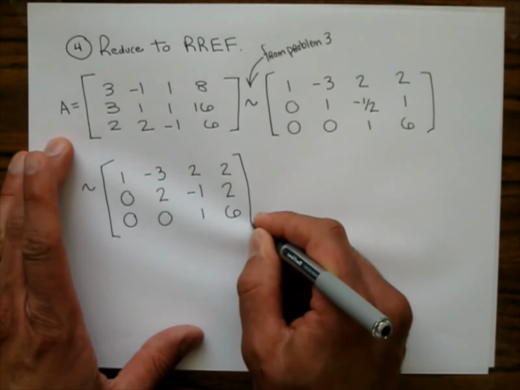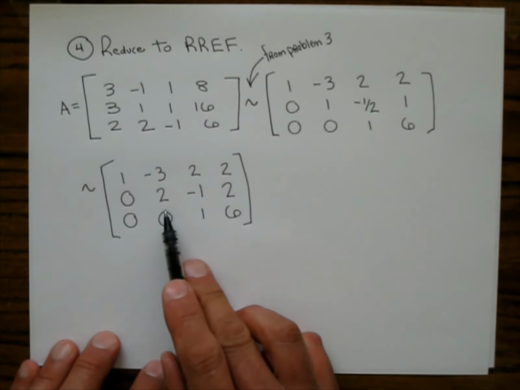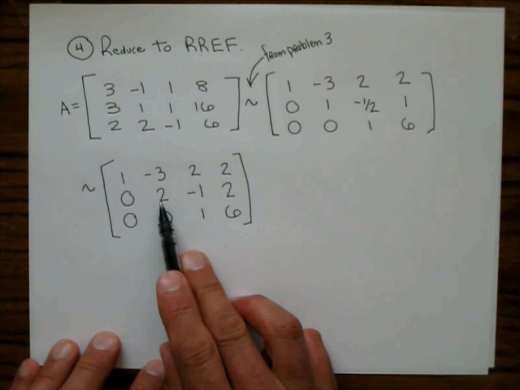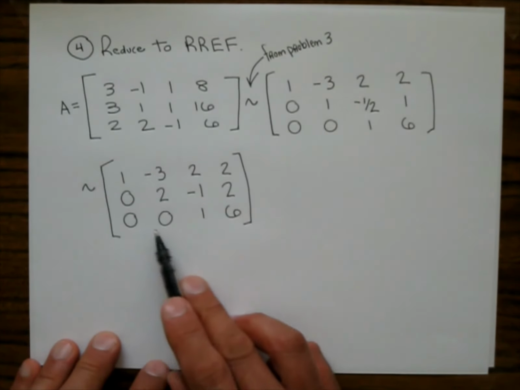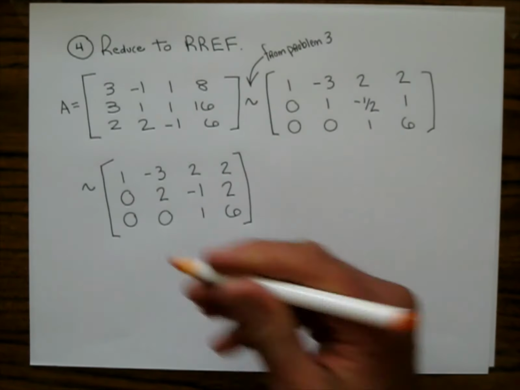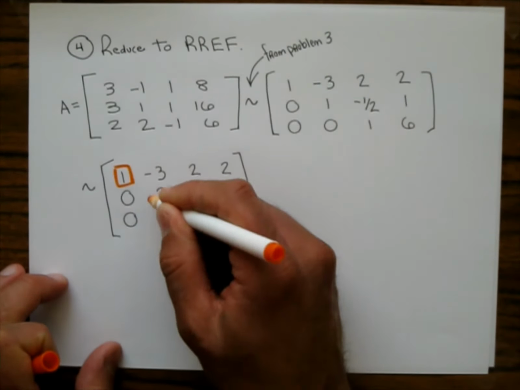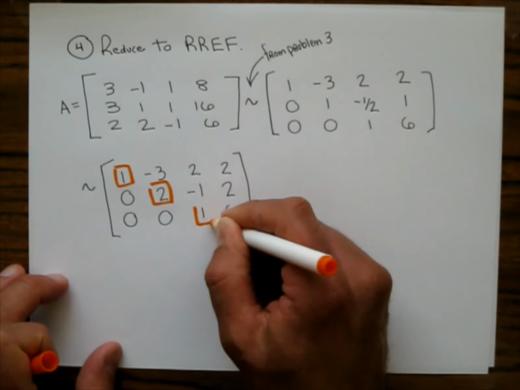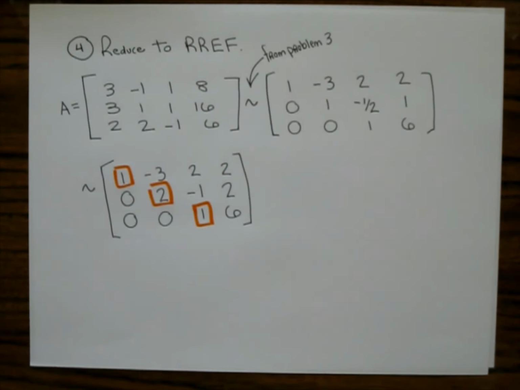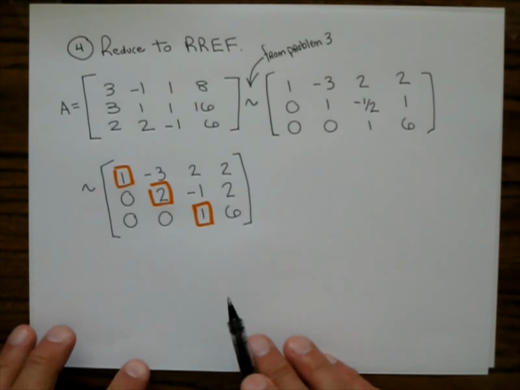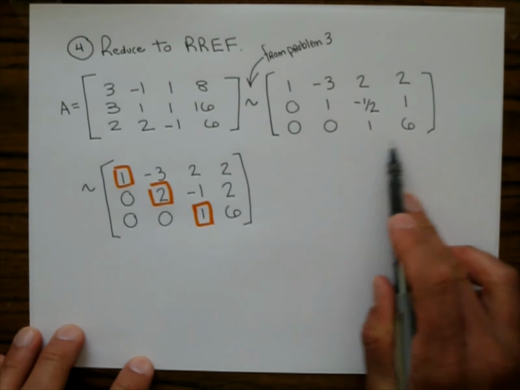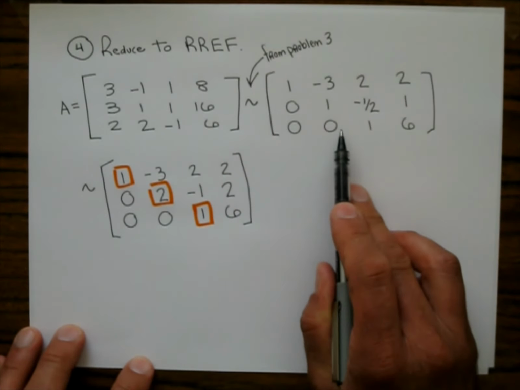Okay, so even though this is not in REF because of that 2, it's going to be better because I don't have fractions. I'm still going to call those my pivots.